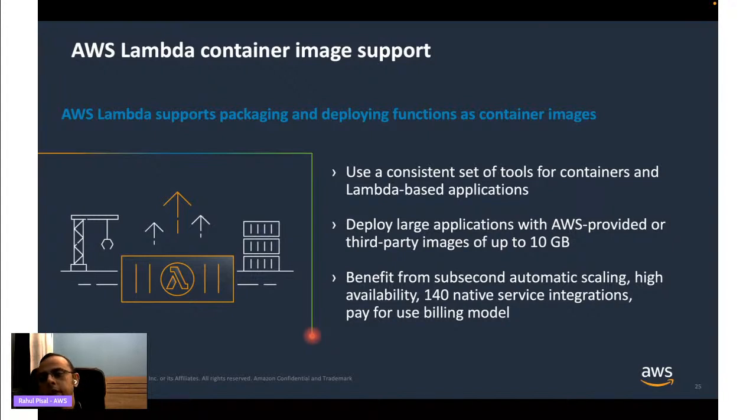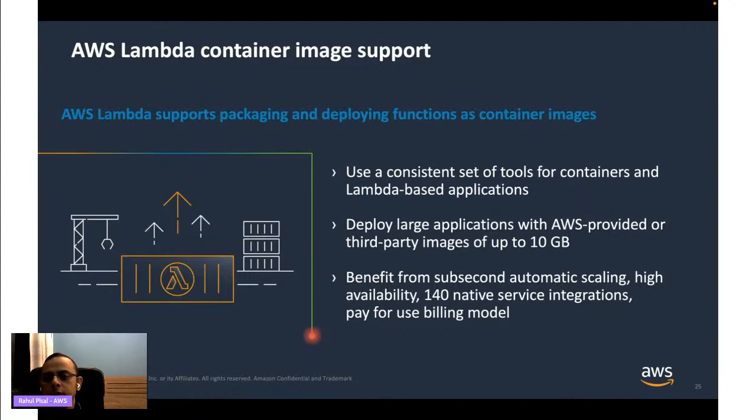At the same time, you only focus on your business logic, and other operational aspects are handled by Lambda for you, right? So that gives you the best of both worlds. But it is not as simple as just supporting the OCI format, right? Along with support for OCI images, we support standard runtimes like Node.js and Python.